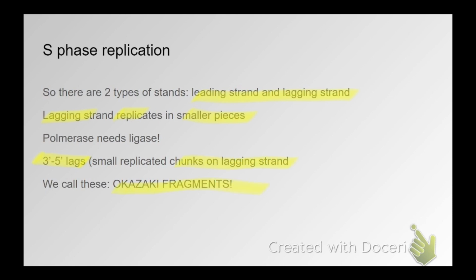We call these Okazaki fragments. Again, none of this makes any sense to you right now. That's okay. Get it down. I'm going to clarify this for you later, and I promise it will make sense then. Is it named after a sign? It's the guy who discovered it, yeah. Okazaki fragments. This is when 3' goes to 5' during replication in S phase.